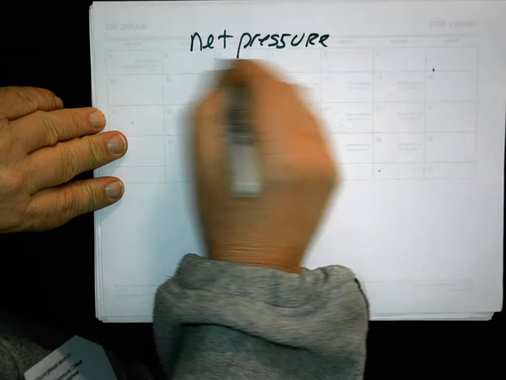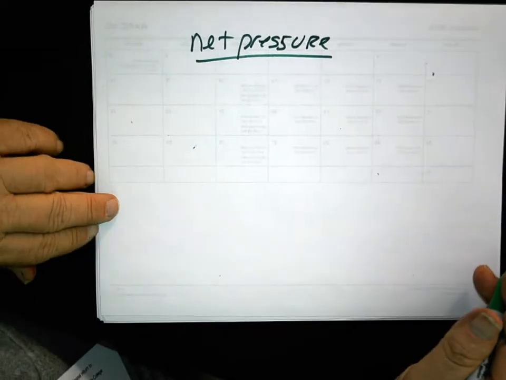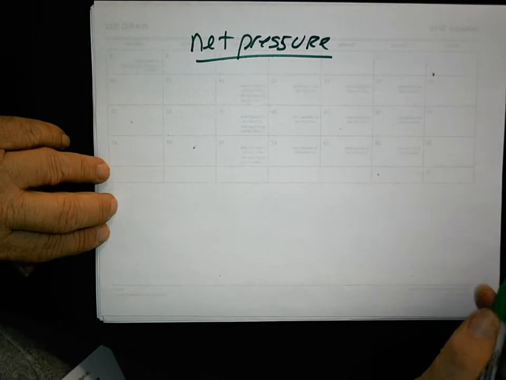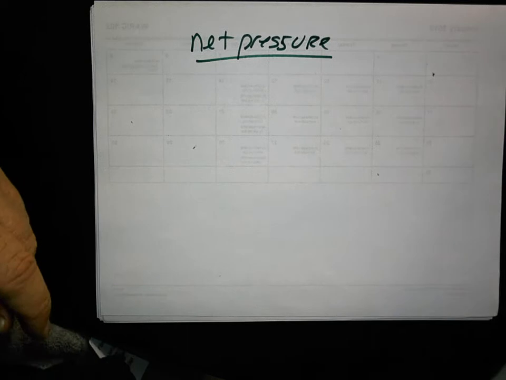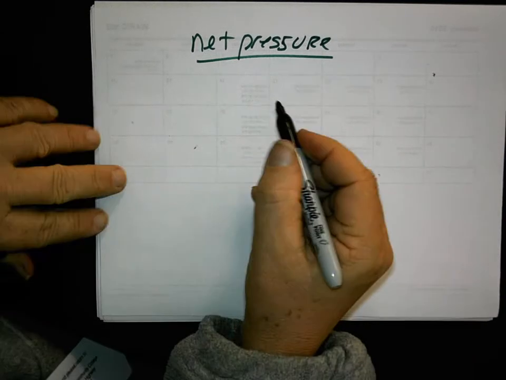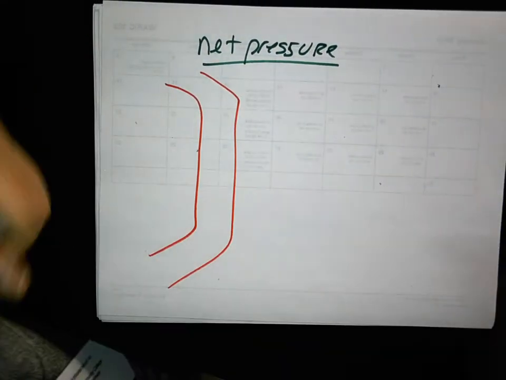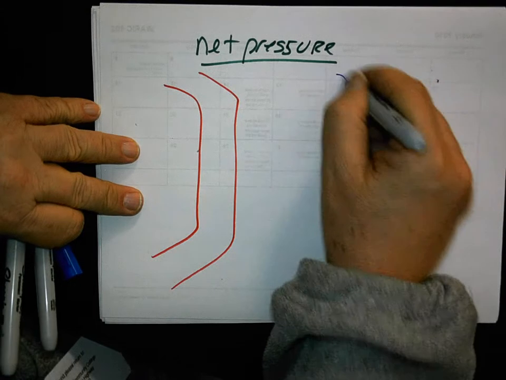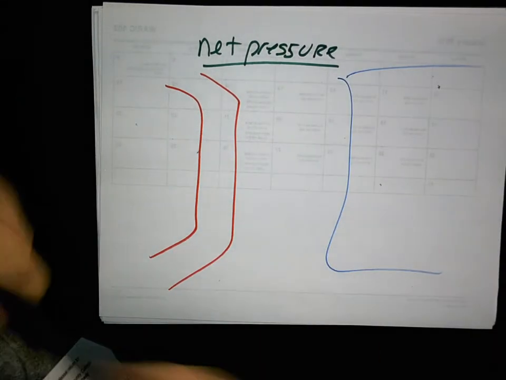What is the net pressure? How is net pressure determined? You look at glomerular filtration rate. What pressures are used to determine the filtration pressure? Blood supply and the osmotic, and then there's a hydrostatic.